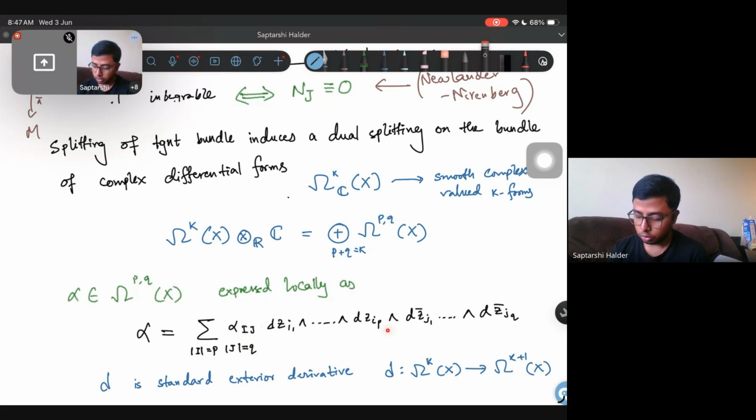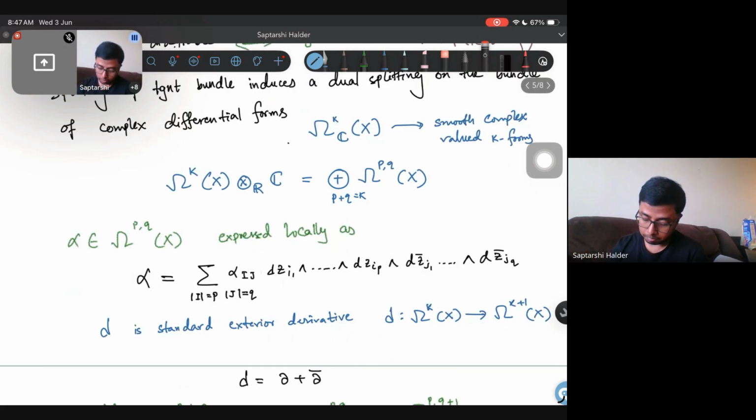So we have observed that this is a natural way to write the form alpha, with indices i_1 up to i_p and j_1 to j_q. Because it has two components, meaning p numbers of dz components and q numbers of dz bar components.